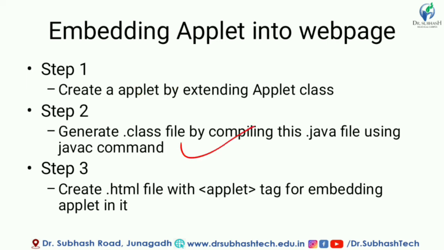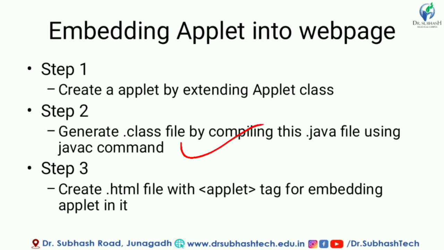After this, in the next step, create a class file by compiling this Java file using the javac command. If we want to convert this Java file into a class file, you have to convert it using the javac command from the command prompt.